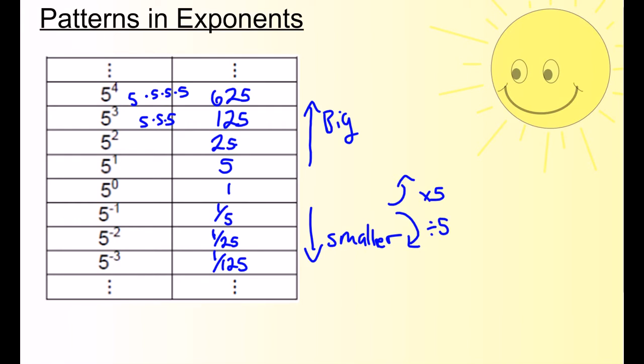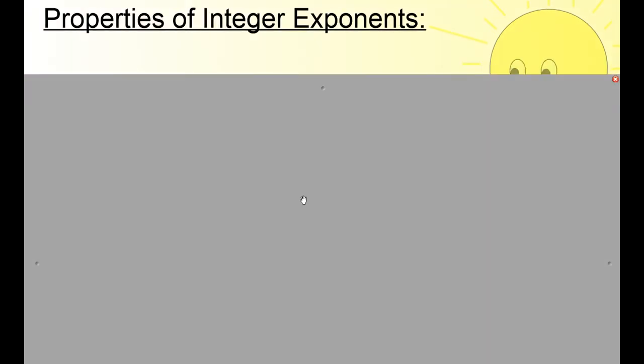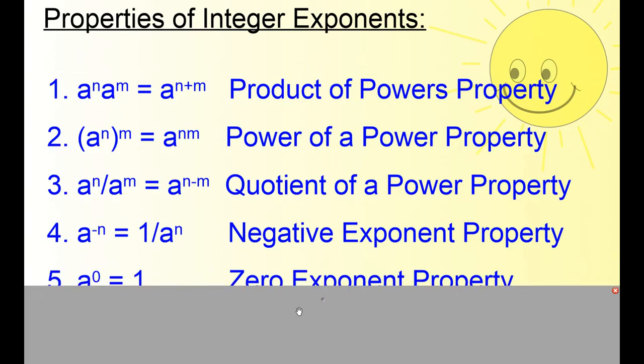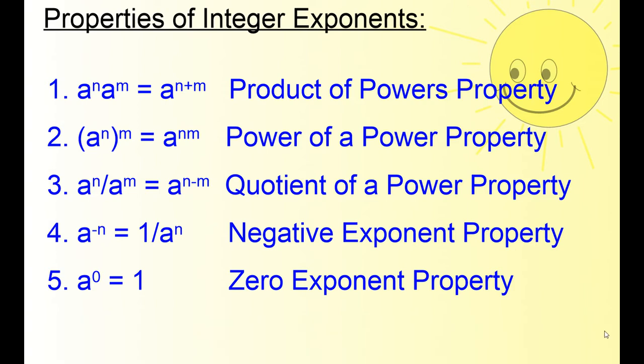Now, up in your vocabulary box on the right-hand side, there's a section for these properties, and I'm going to just give them all to you right here. Next to the 3 vocab words, power, base, exponent, you'll see a little box off to the side. This is essentially a cheat sheet for the 5 properties we looked at.